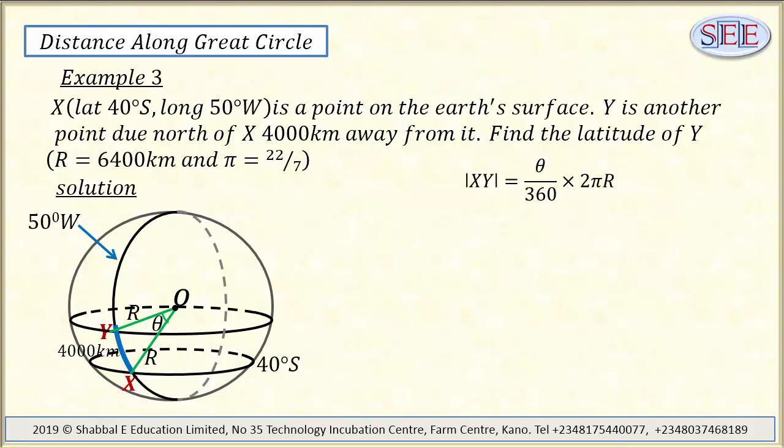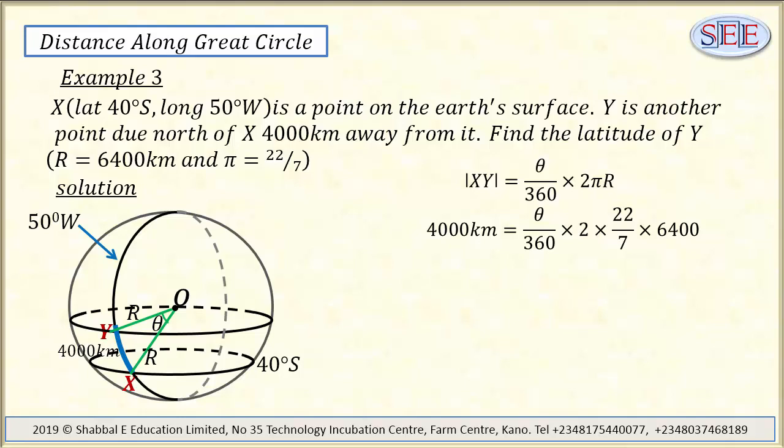Let's substitute. We now have 4,000 kilometers equals theta over 360 multiplied by 2 multiplied by 22 over 7 multiplied by 6,400. What we are trying to get is the value of theta. After we get theta, we use it to get the latitude of Y.